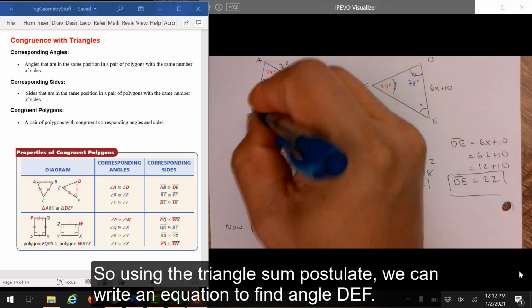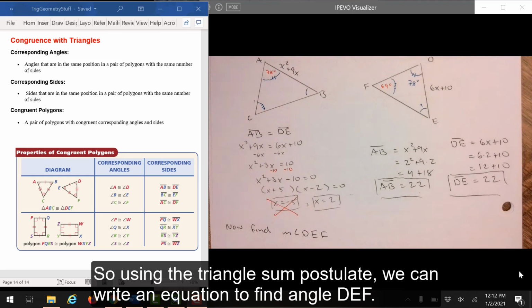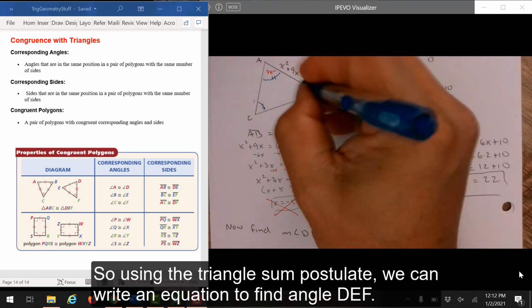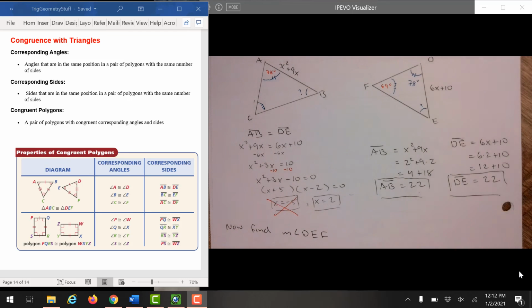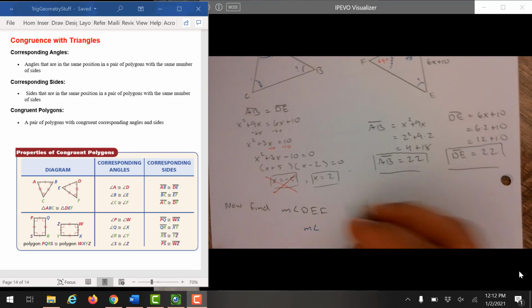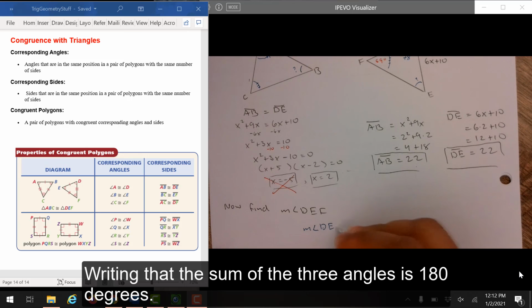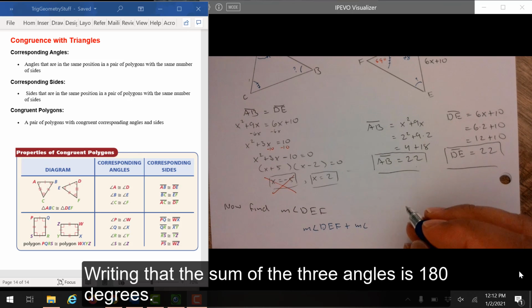So using the triangle sum postulate, we can write an equation to find angle DEF. Writing that the sum of the three angles is 180 degrees.